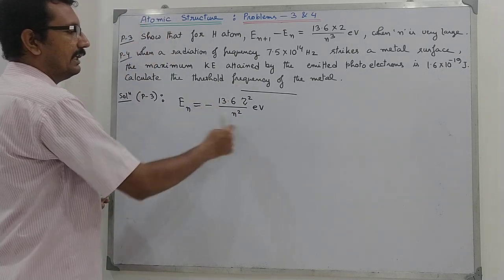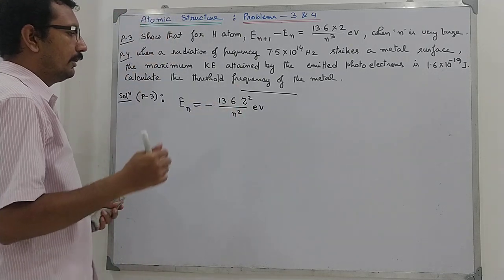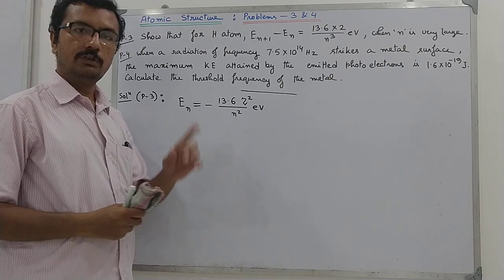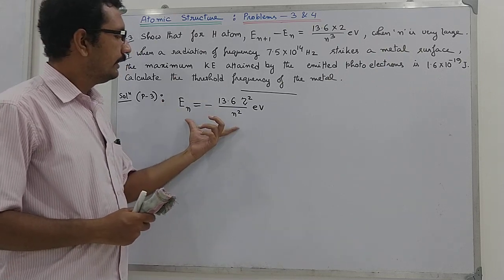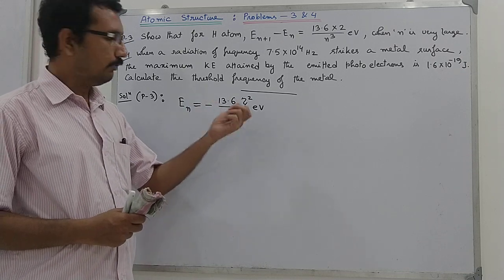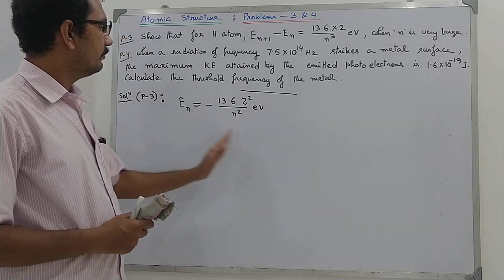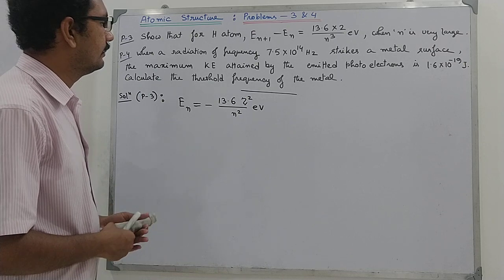So this is the expression of energy for an atom having only one electron, since we can apply Bohr theory in single electron species only. So this is the formula, this is the expression of the energy.